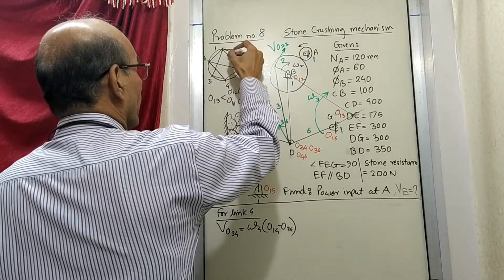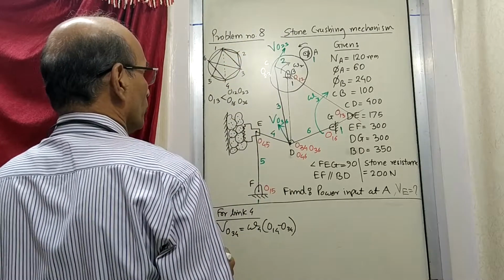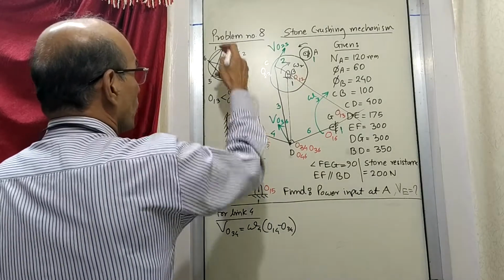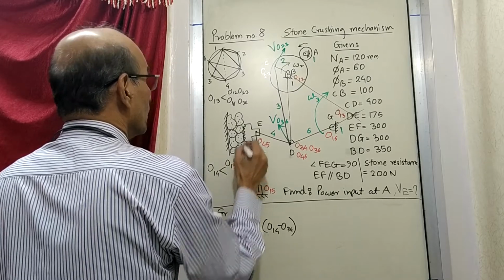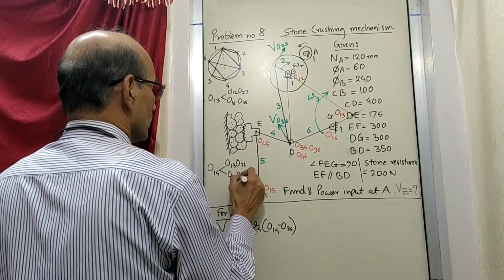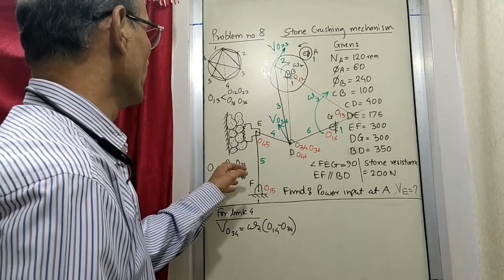For that, we will join this. O14 is obtained by 1334 and 1646. So let us join 13 and 34.